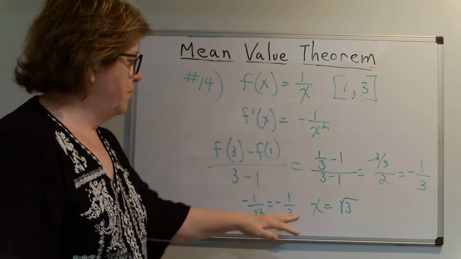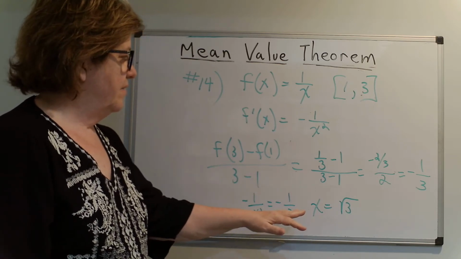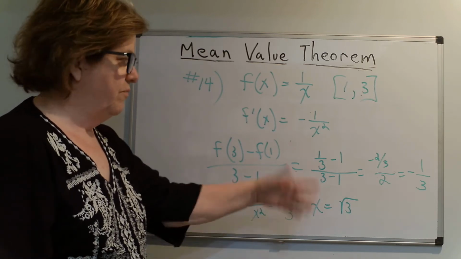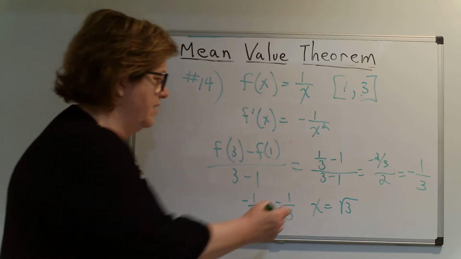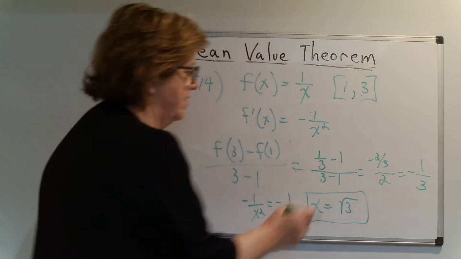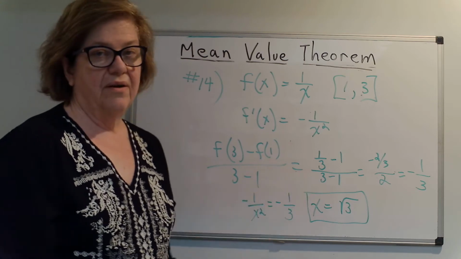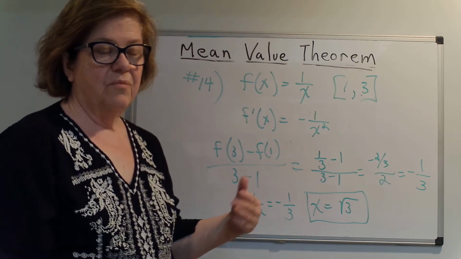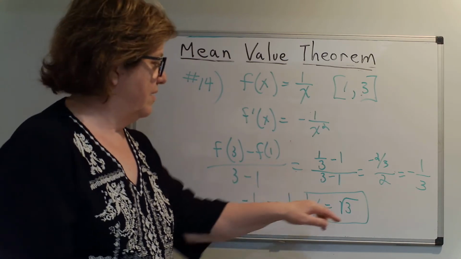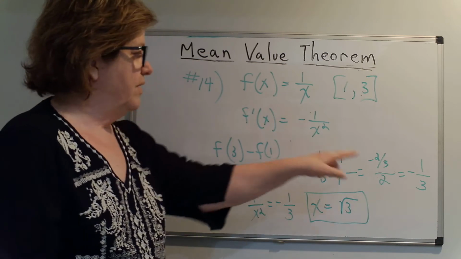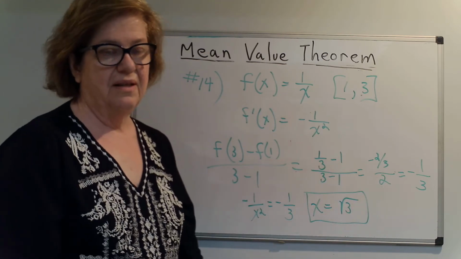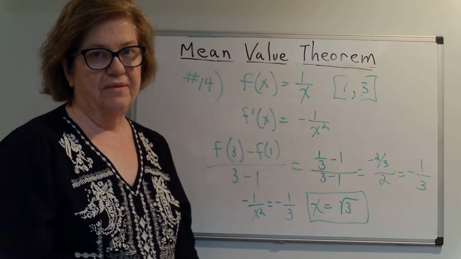So we've confirmed that this is our C, our point where when we take the derivative of the function and put in square root of 3, we get the same thing as the slope of the secant line. So we've confirmed that.